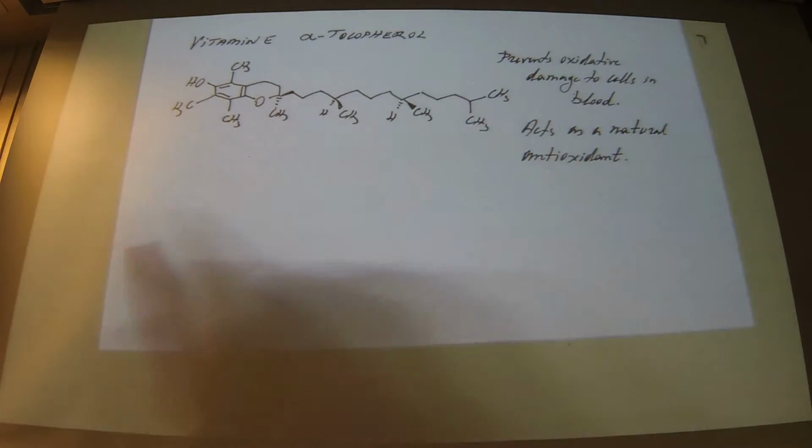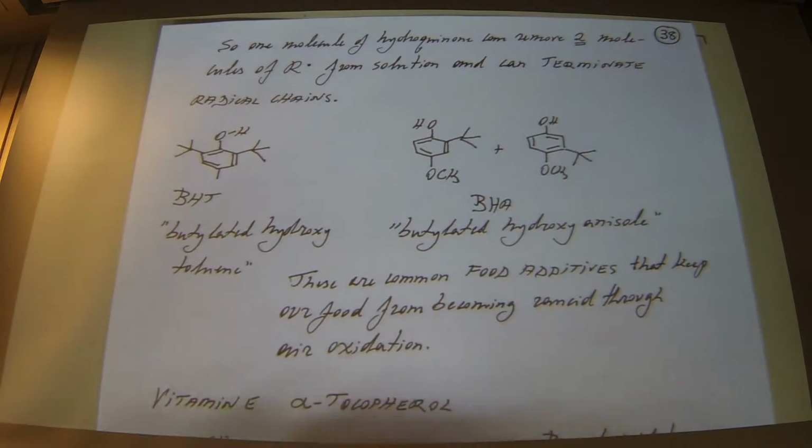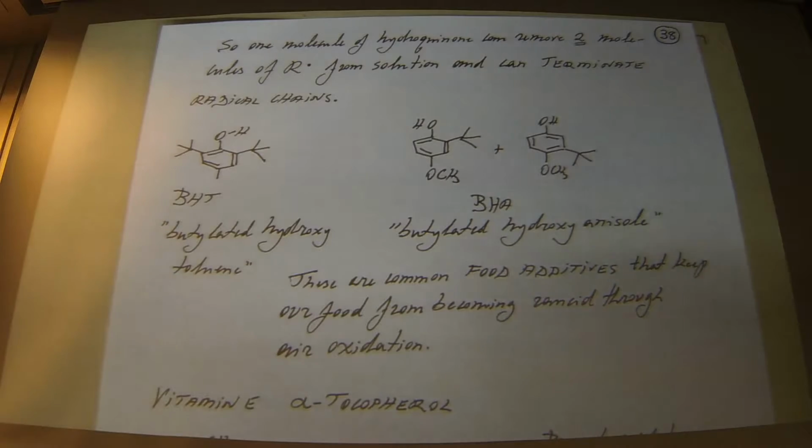Now, this business of inhibiting oxidation is something that you also encounter with your food, because it turns out, if you look at the labels on various manufactured foods, you'll find that they say very often BHT and/or BHA added as a preservative. And so if you're like me, you kind of wonder, gee, what is this BHT stuff?